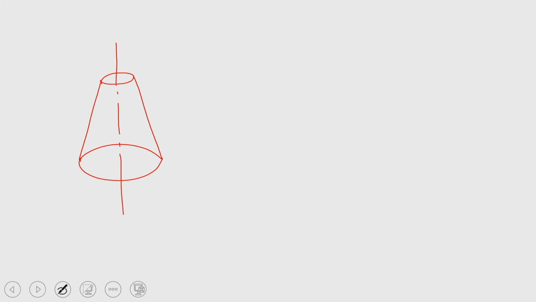And this angle is 2 theta, which is about 18 degrees. Now, this is called the cone angle.